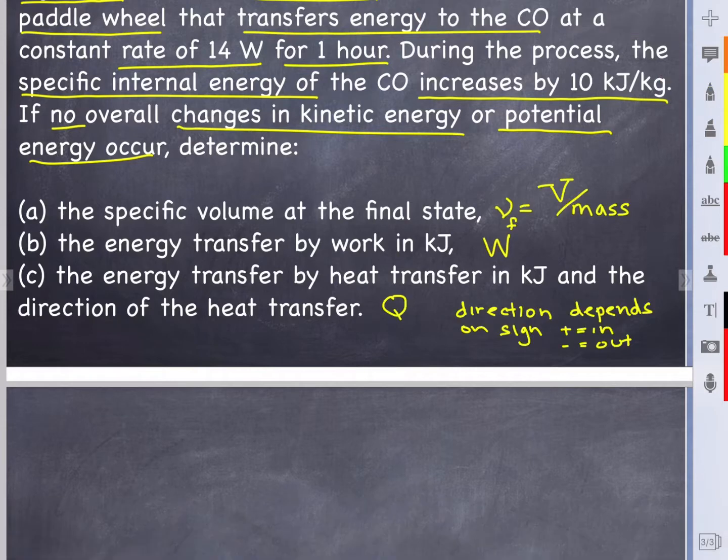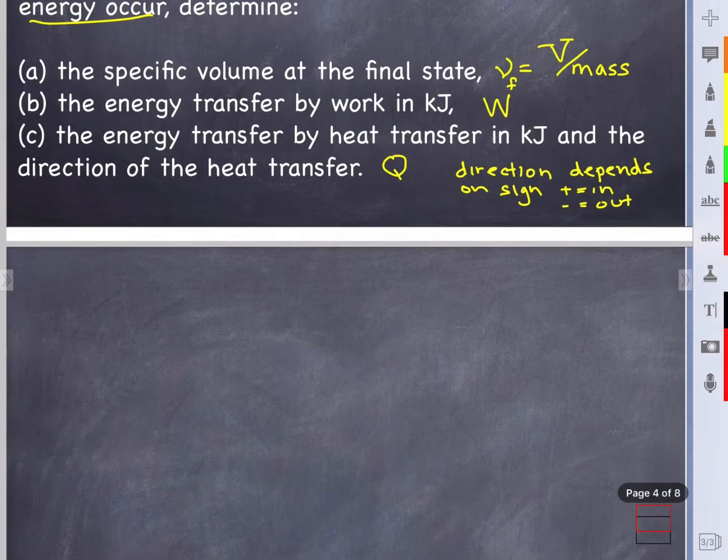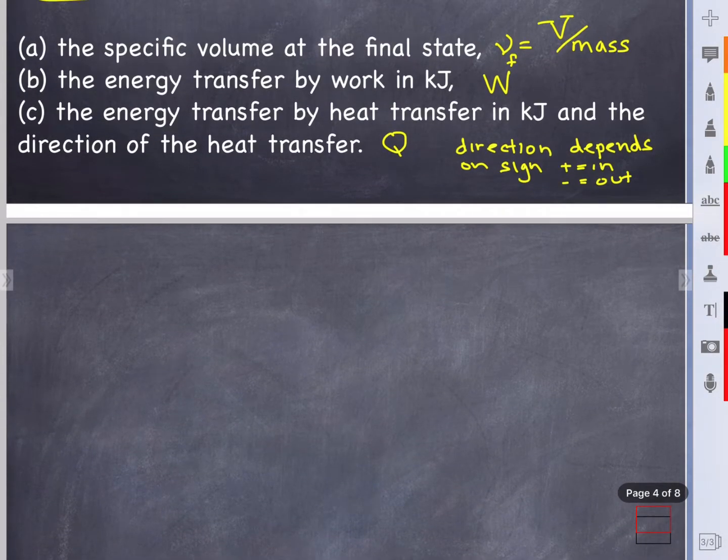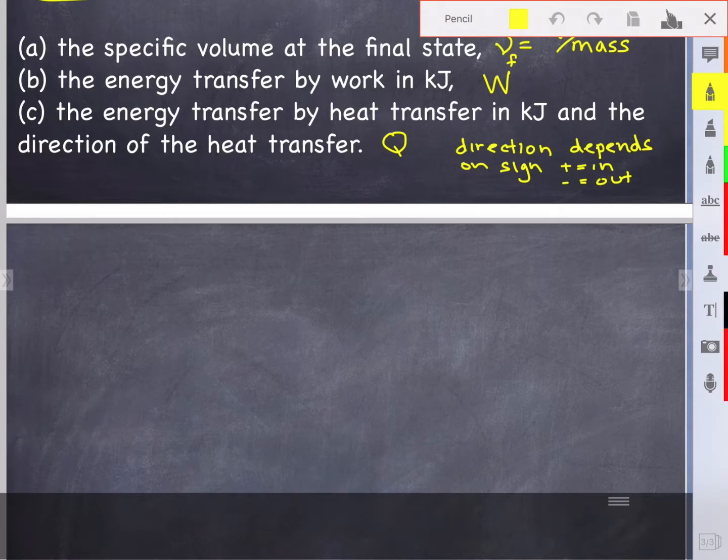Okay, so we know what we're asked to find. We're asked to find the specific volume at the final state, the energy transfer by work in kilojoules, and the energy transfer by heat transfer in kilojoules and its direction. Let's take a minute to make a drawing of what's going on. We have a tank which has a paddle wheel.